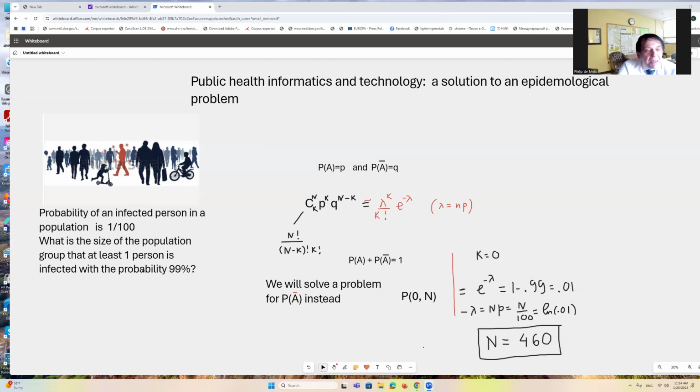What is the size of the population group in which at least one person is infected with flu with a probability of 99%? So it is almost 100% that you will encounter a person with flu in this cohort, in this group of people in this community, for example. But the average is 1/100.